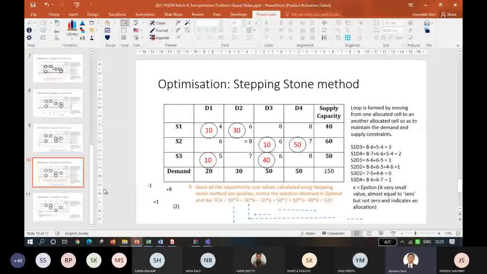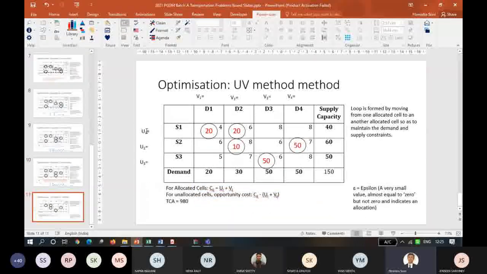So we'll calculate the values of Ui and Vj using the allocated cells, and we'll find out the opportunity cost for the unallocated cells using the identified values of Ui and Vj. Now, what is this Cij? Cij is the cost of that particular cell. So that means C11 equals to U1 plus V1.